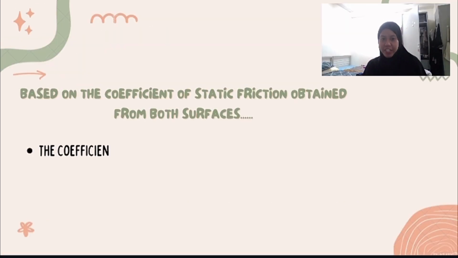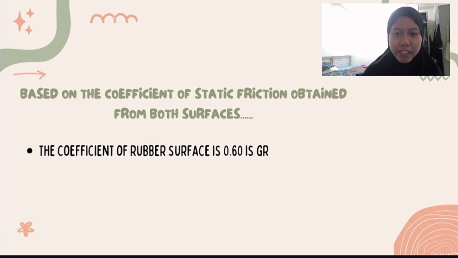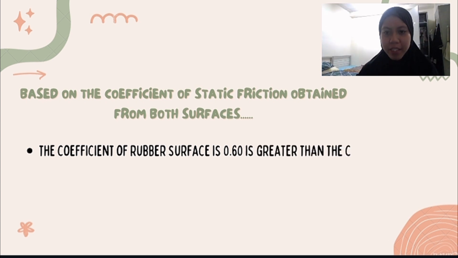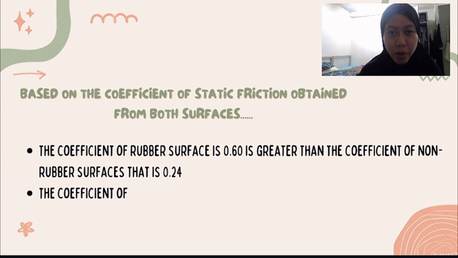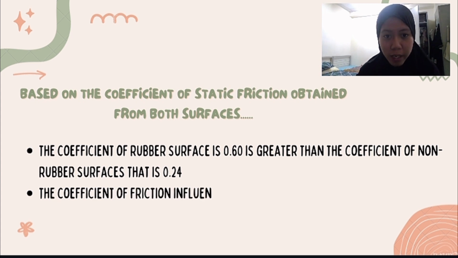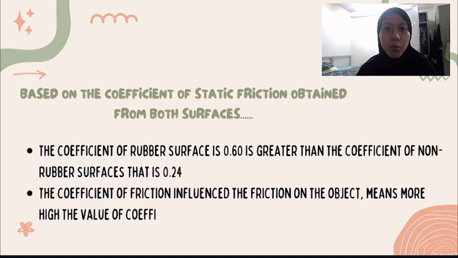For the coefficients of static friction that we obtained from both surfaces, from the calculation I mean, I will define that the coefficient of the rubber surface is 0.60, which is greater than the coefficients of the non-rubber surface, which are 0.2 and 0.24.